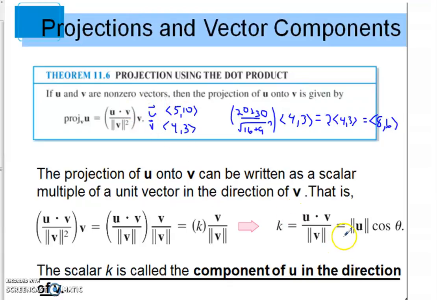Or in a shortcut way, based on what we did in the last section, we could write that as the norm of u times cosine theta. This is a helpful tool that we're going to be looking at in a little bit. The scalar k is called the component of u in the direction of v. We're going to be using that shortcut sometimes as well.